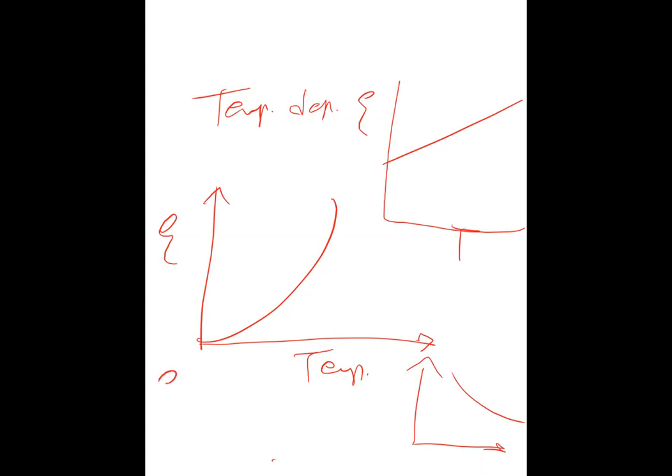That formula is rho equals rho naught times (1 plus alpha times (T minus T naught)). Alpha is called the temperature coefficient of resistivity.